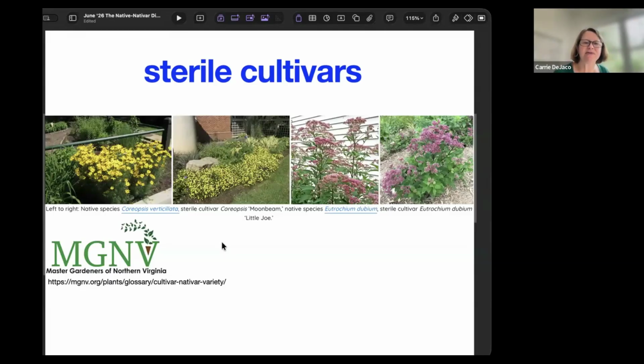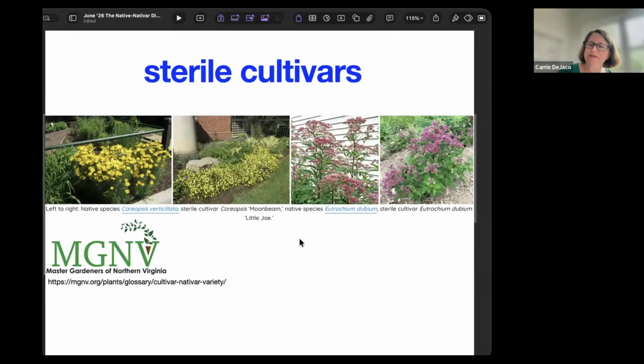In order for this cultivar to produce seeds, depending on the mechanism of that, the pollen of this cultivar might be able to fertilize plants over here of the Coreopsis verticillata. But the female parts of these plants are not likely to be able to actually produce viable seeds.